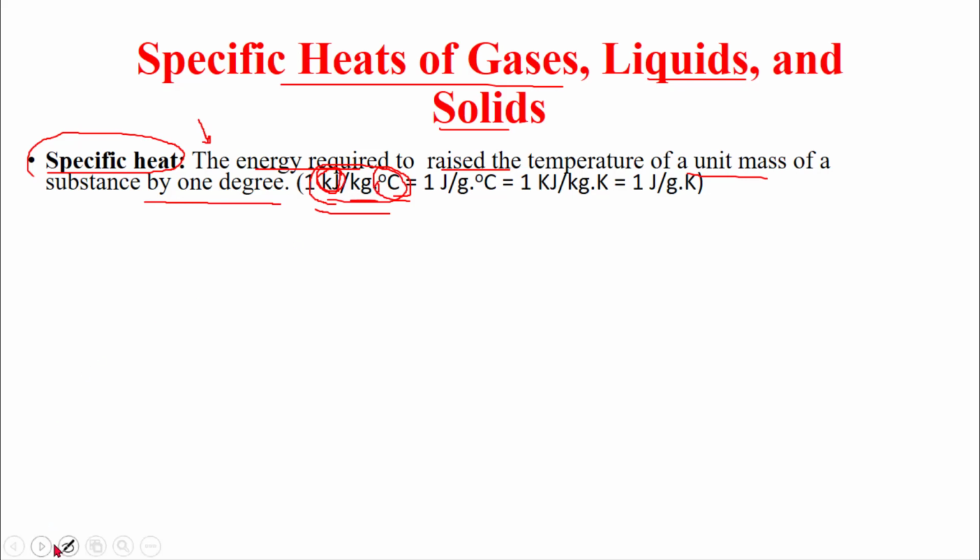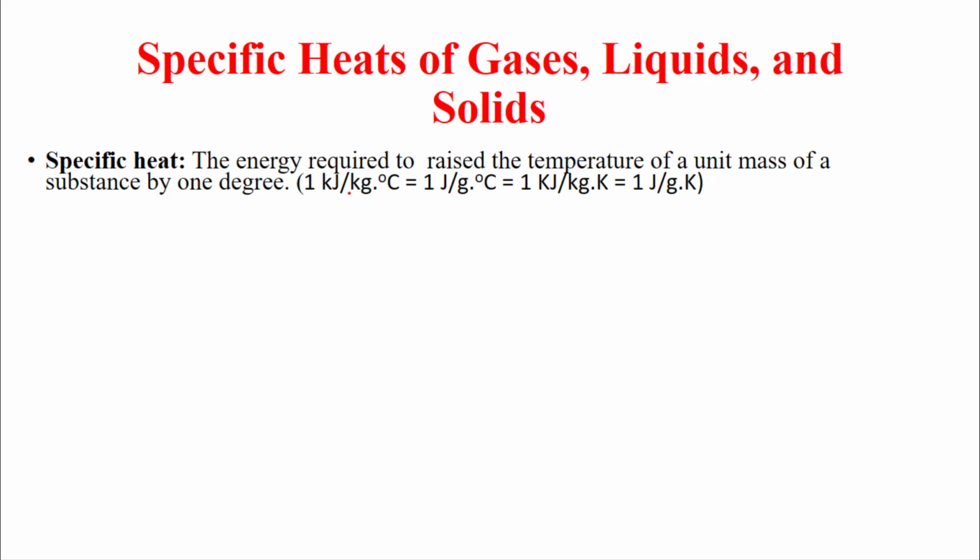If I refer back again to this unit, it is the amount of energy required to raise the temperature of a unit mass by 1 degree. Okay, so we mainly depend on this unit, and you can see the specific heat in other units, but mainly we depend on this one.